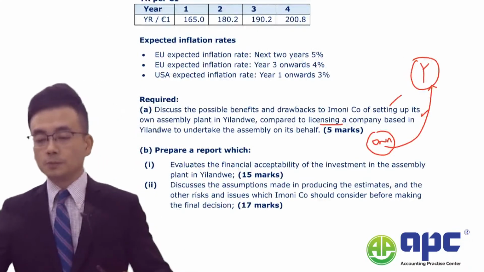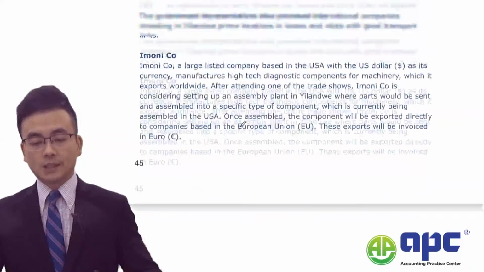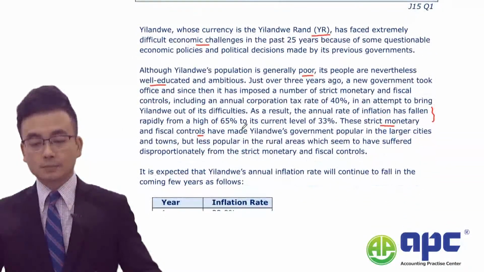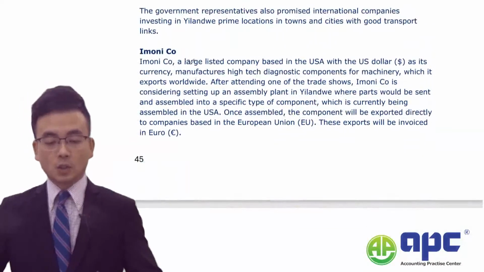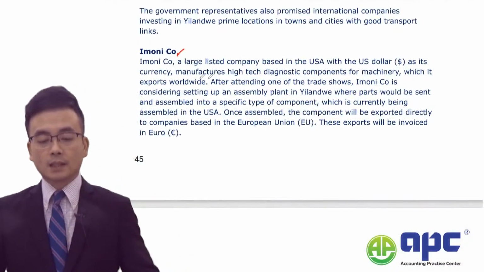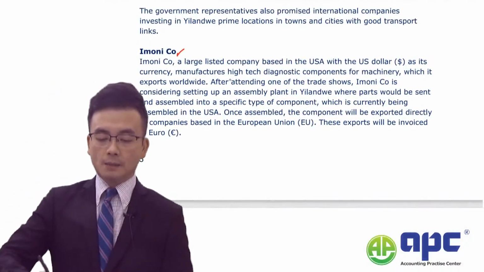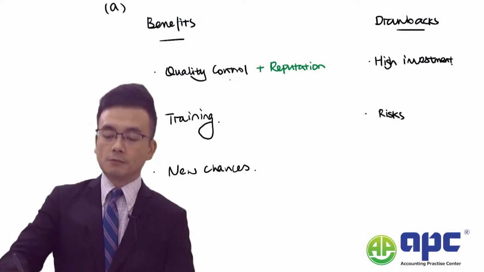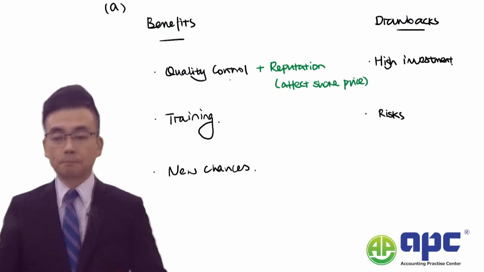Possible applications to the case: our company is called a money company, that is a large listed company, so I don't want to affect our share price negatively. This is a public listed company.